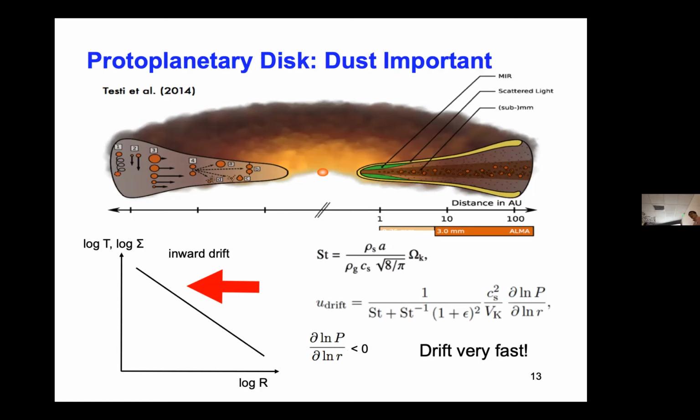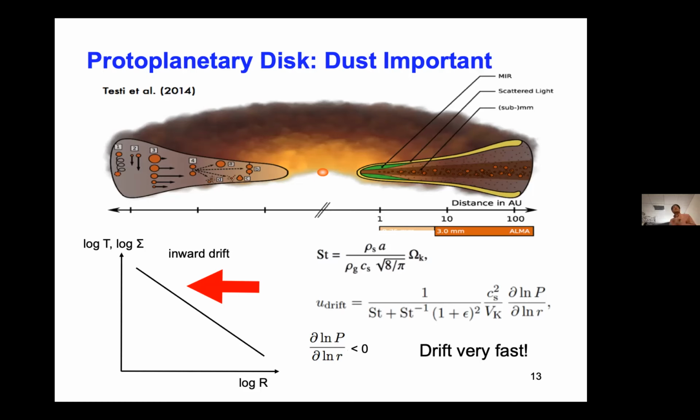They lose momentum, and then they fall in. One of the big challenges here is that the dust turns out to fall in much faster. The time scale is very short, like 10 to the 5 years. But since we're sitting on Earth, something must have stopped their drifting. Otherwise, all the dust would be flushed out to the star too quickly.